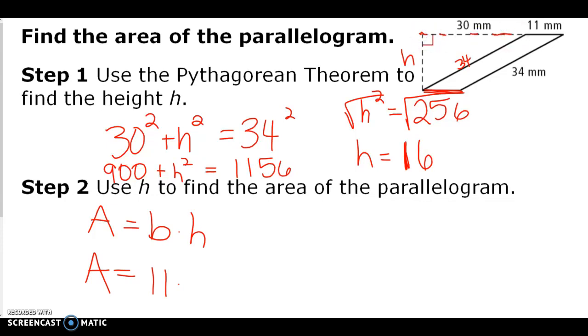So it's 11, and our height we found was 16. What's 11 times 16? 176. What's my label? Units. I found area, so squared.